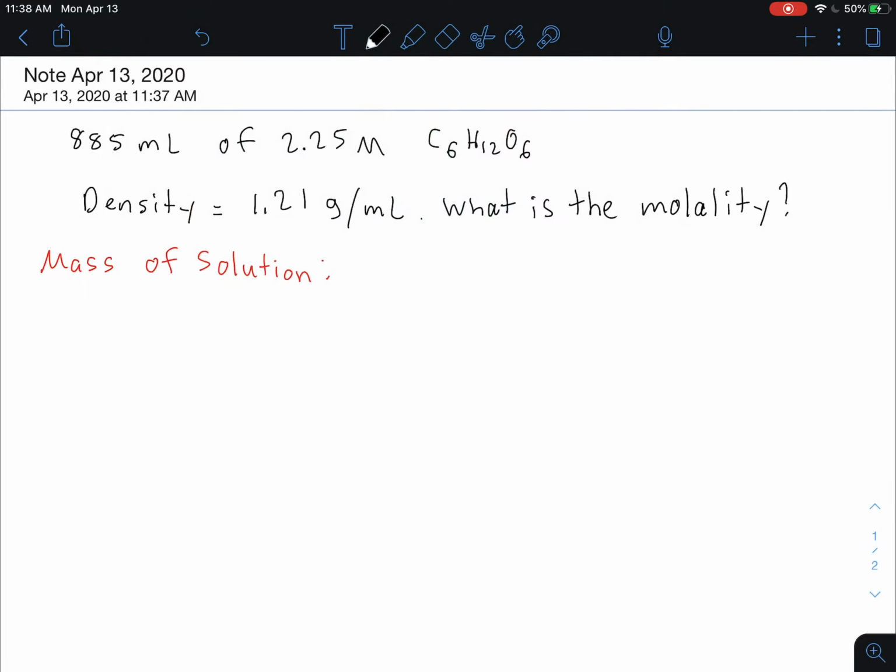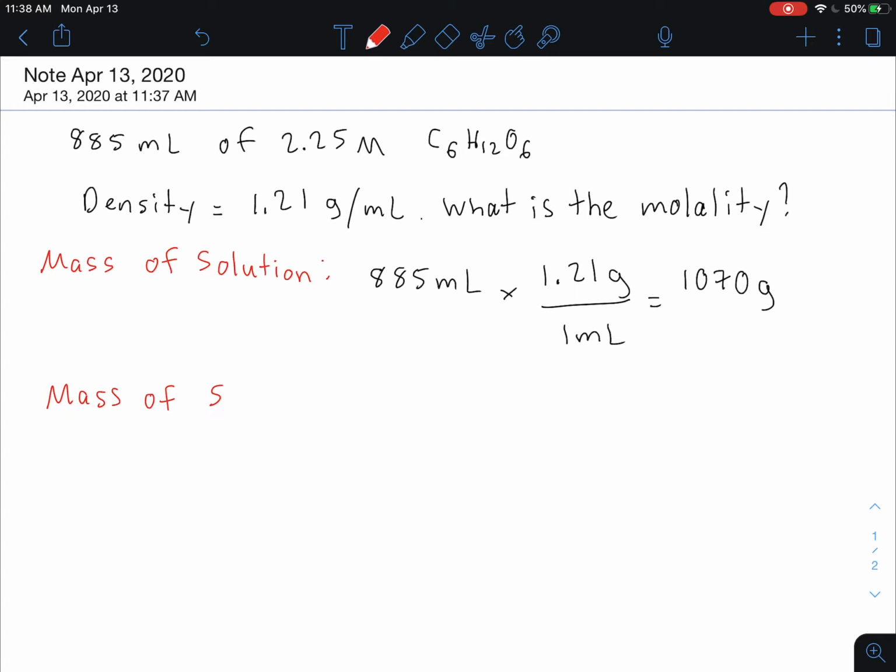And that's going to be 885 milliliters times 1.21 grams per 1 milliliter. And rounding to 3 significant figures, that gives me 1070 grams.